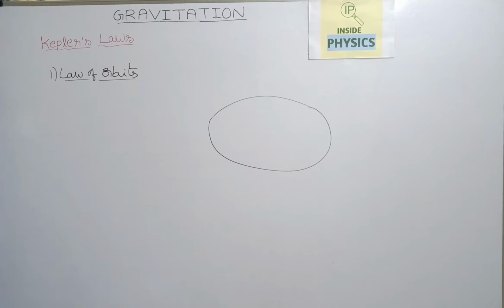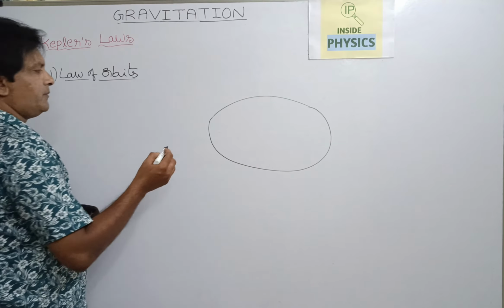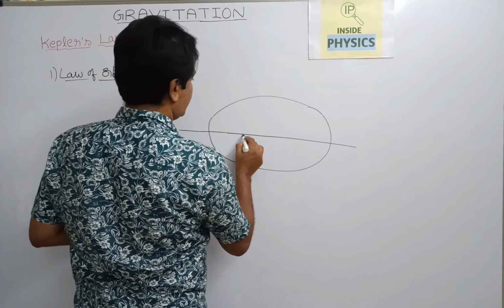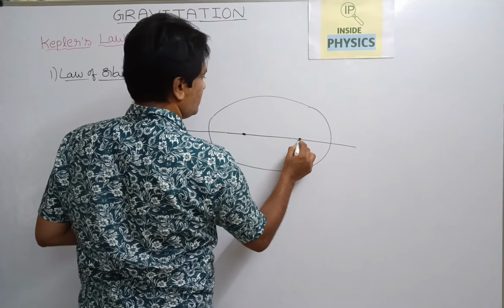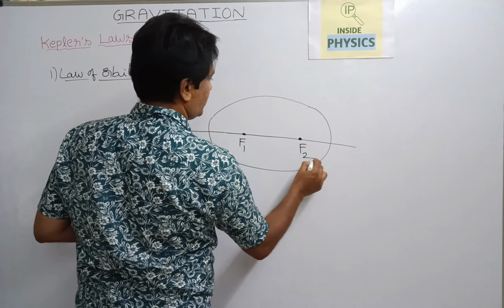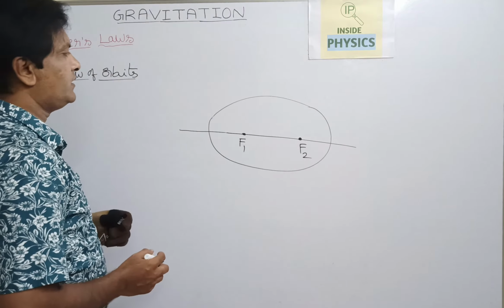Here, if you consider the ellipse, and this is the major axis passing through the two foci, F1 and F2 are considered to be the two foci of this ellipse.